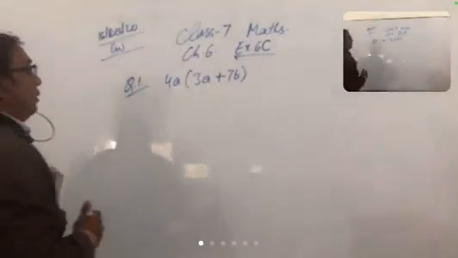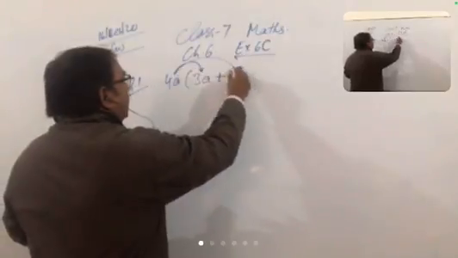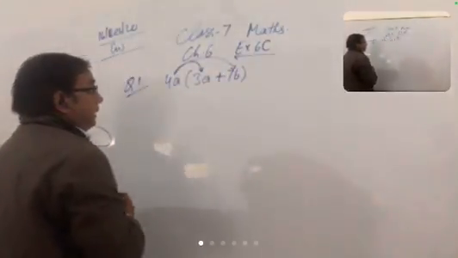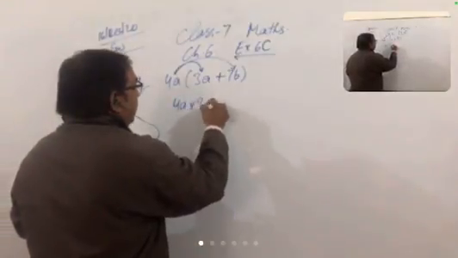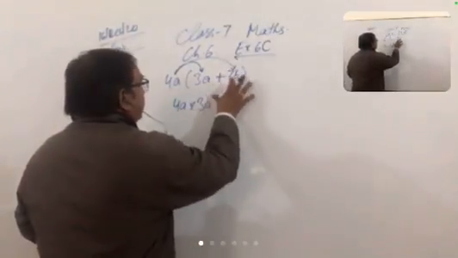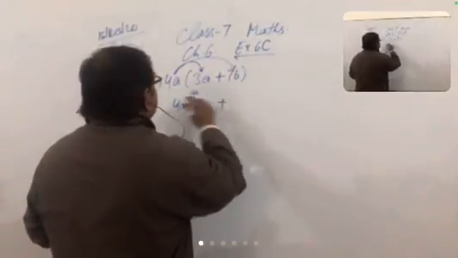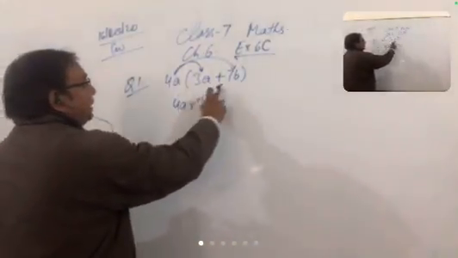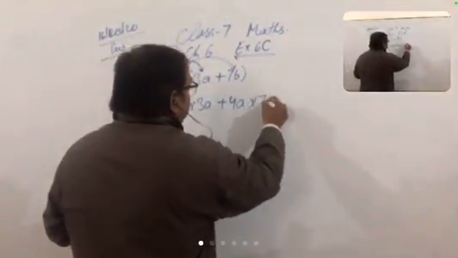First you have to multiply with this, and then second you have to multiply with this. Means you have to write like this: 4a multiplied by 3a. Don't use the bracket now. Then plus, this sign is also plus here. So 4a multiplied by 7b.